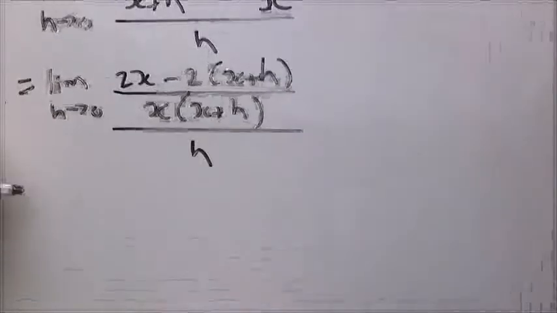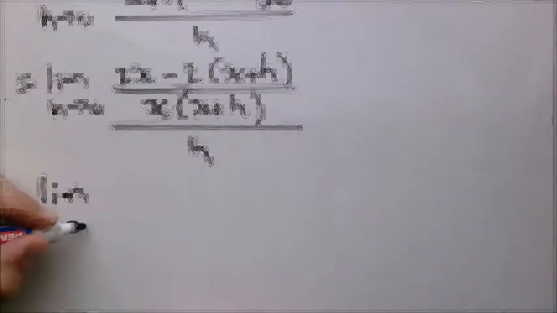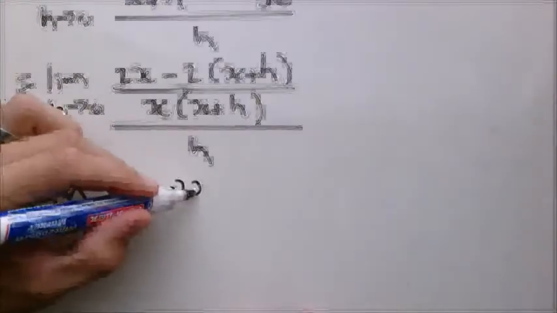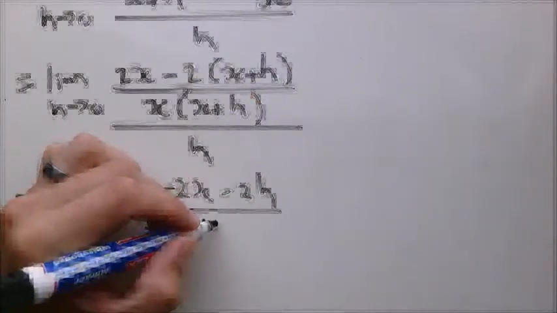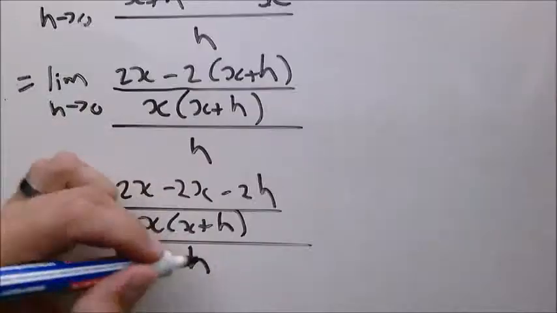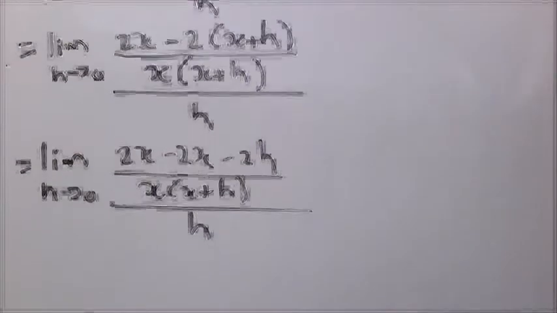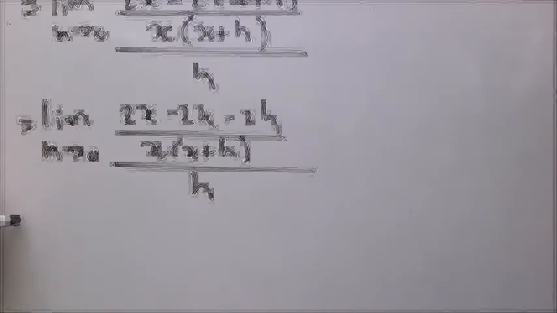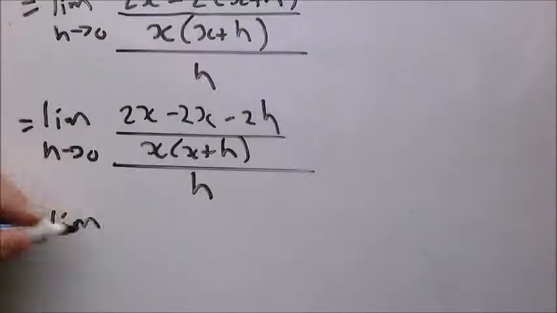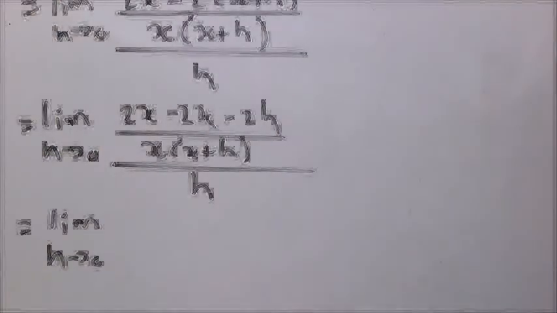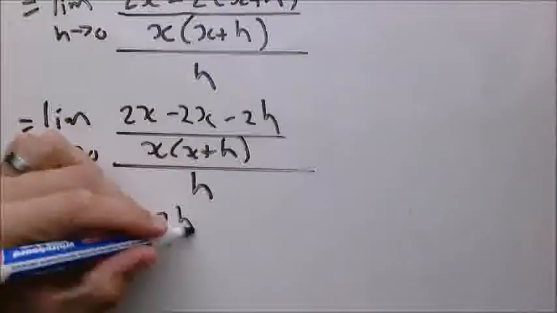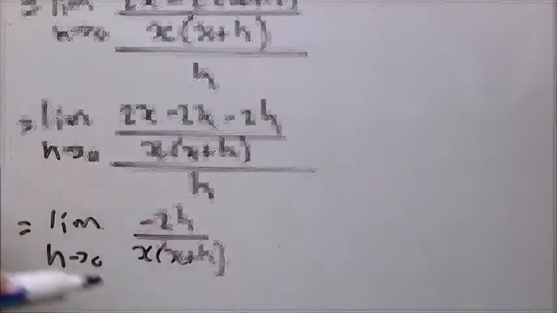Let's simplify the numerator further. 2x minus 2x minus 2h over x times (x + h), over h. Then you will see 2x minus 2x becomes 0, and we are left with negative 2h over x times (x + h).